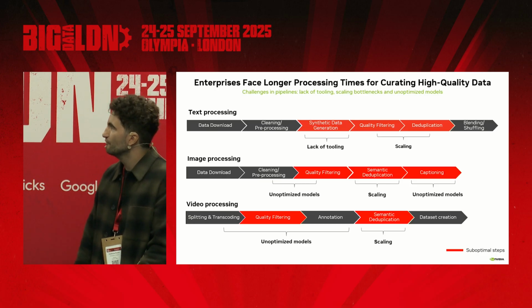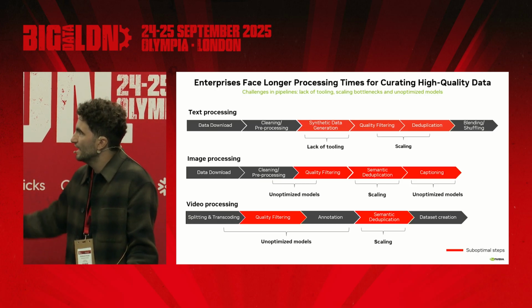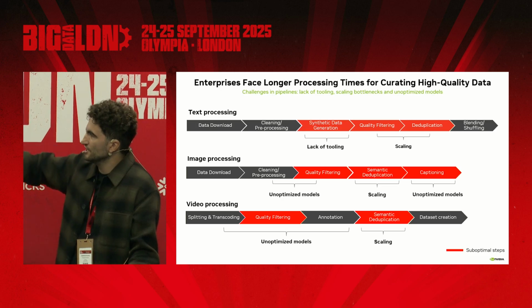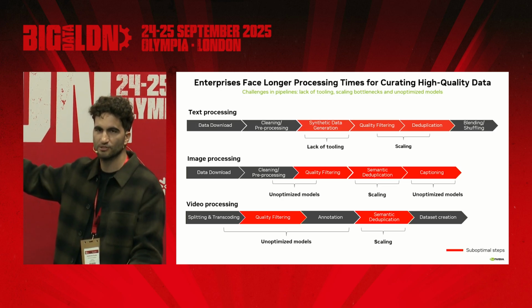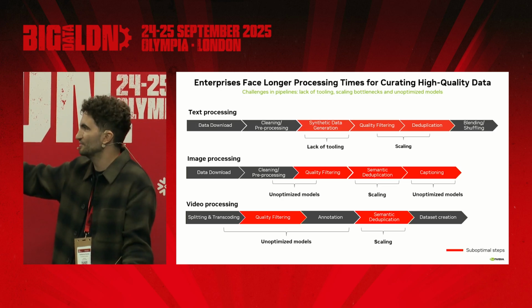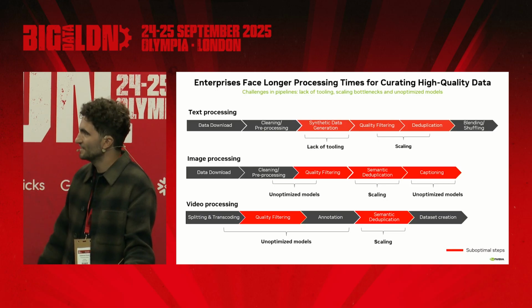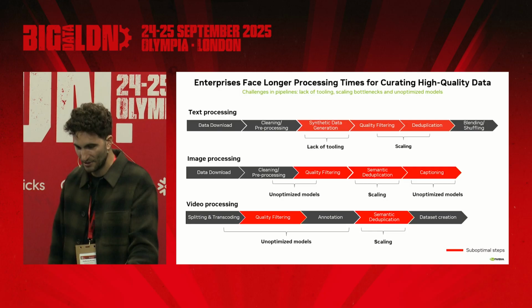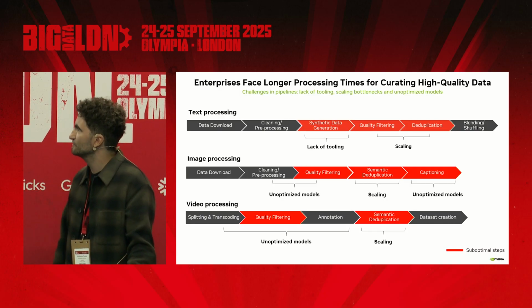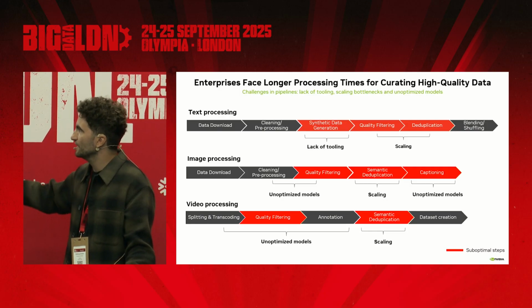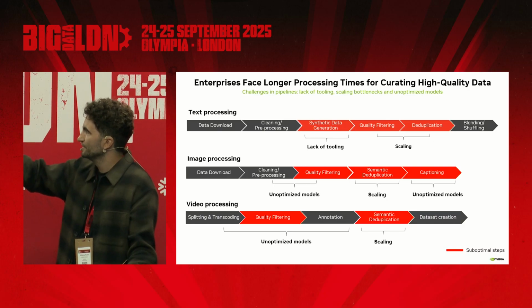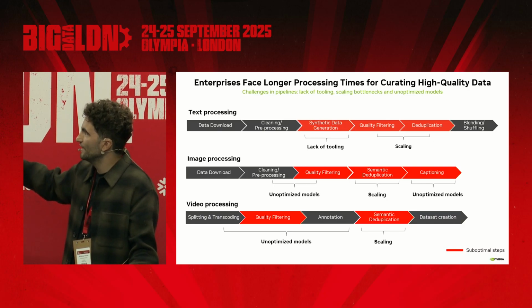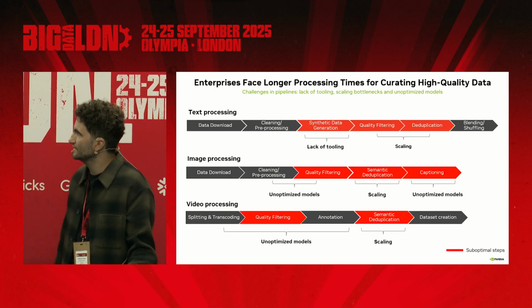I'll be focusing mainly on text processing and video processing, because image processing will end up being similar to video processing. So I thought I'd spare you very similar slides from one to the other. But looking at the text processing part, there are three main key components that can be accelerated.